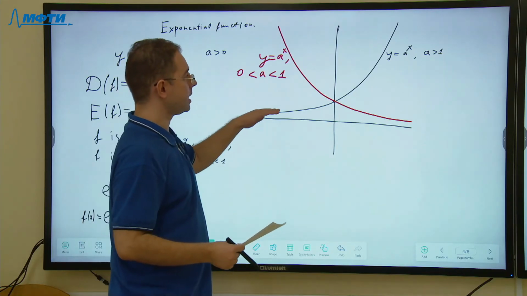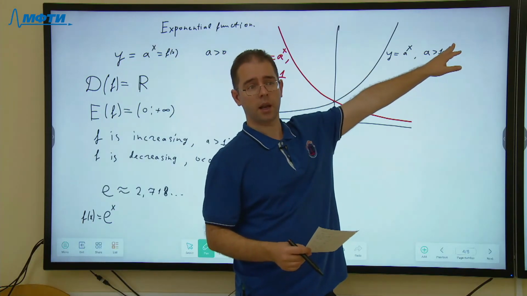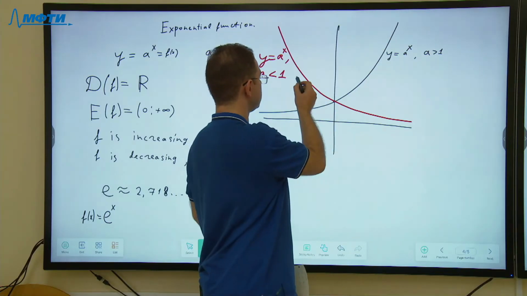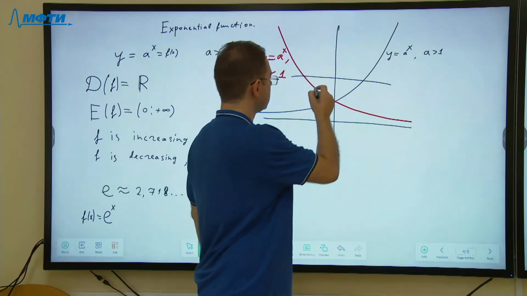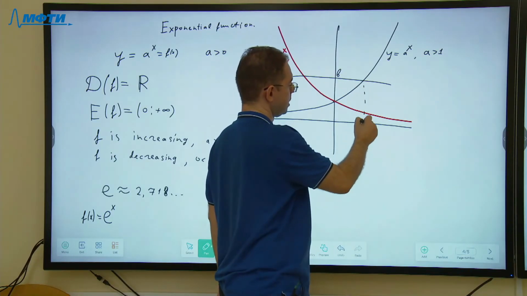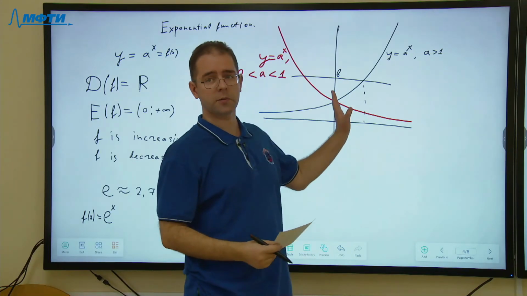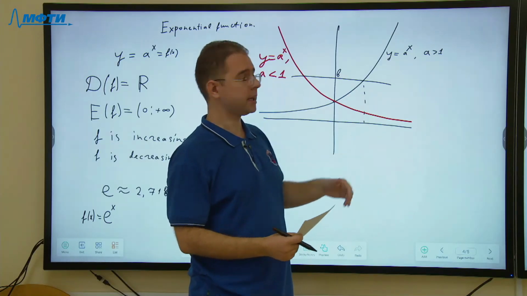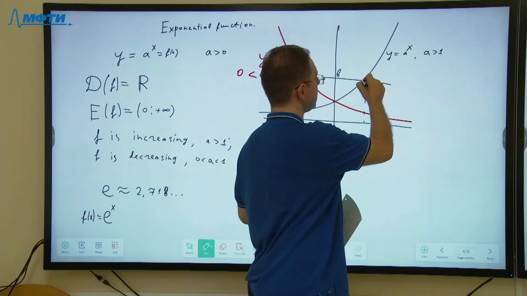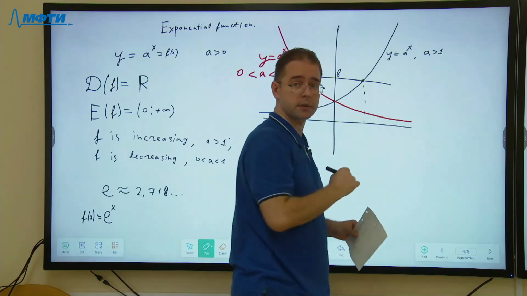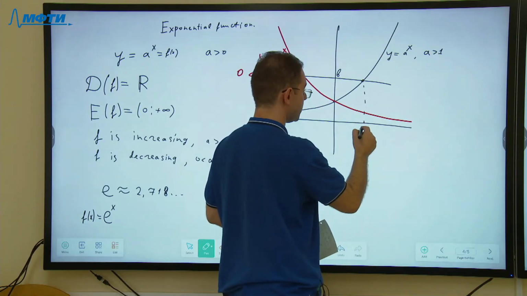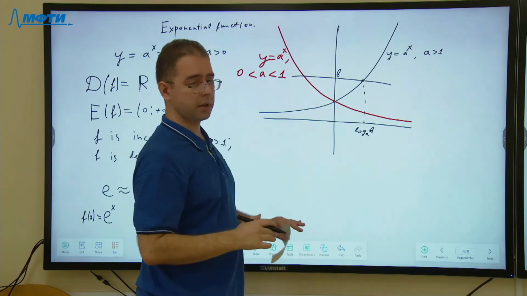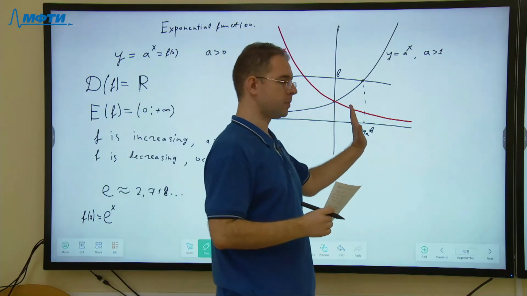Look, if a is greater than 1, then this function is increasing, and if I draw a line y equals b, then the solution of the inequality a power x is greater than b is this part of the graph, from here and to the right. This number is log base a of b, and the solution would be from this point and greater.